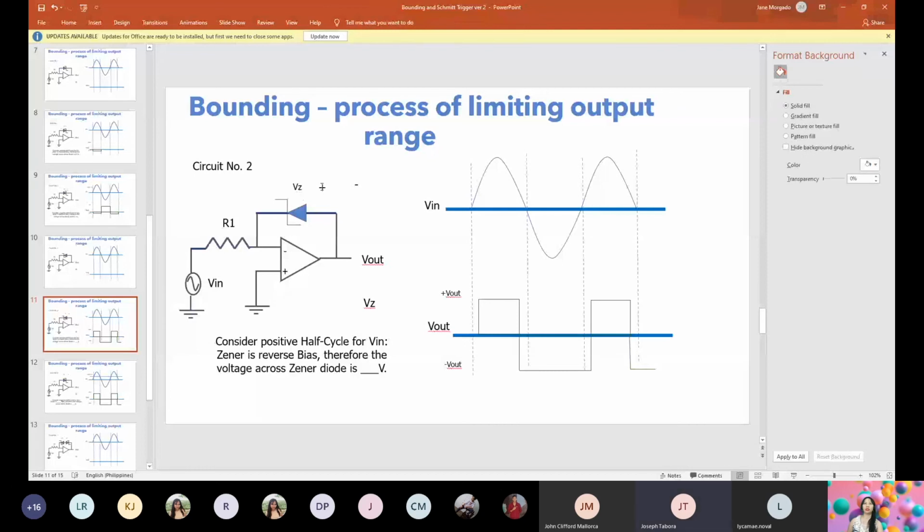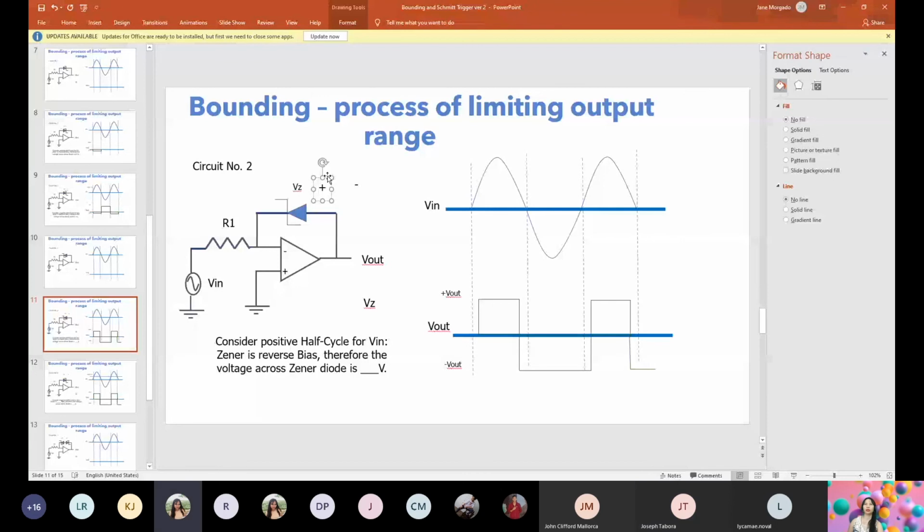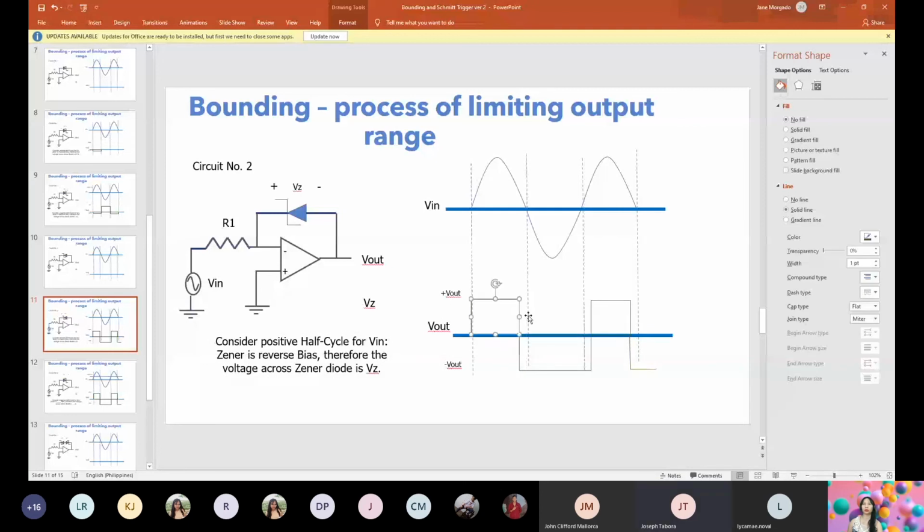The positive is at the cathode and the negative is at the anode, so the polarity becomes reversed if it is reverse bias. So the voltage across is equal to Vz, and the output should be equal to Vz.